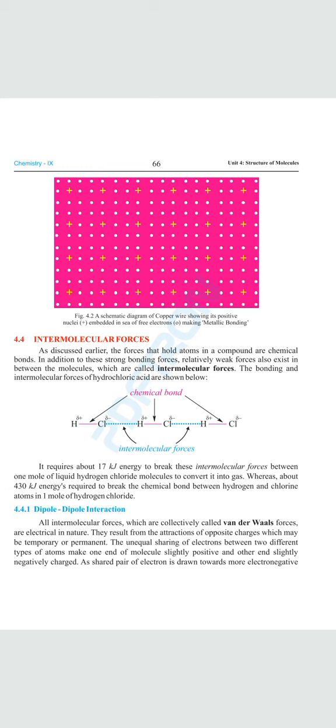The unequal sharing of electrons between two different types of atoms makes one end of the molecule slightly positive and the other end slightly negative.